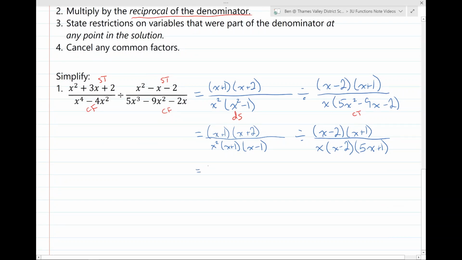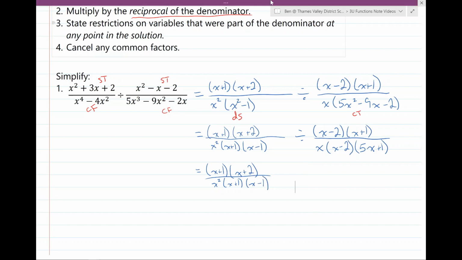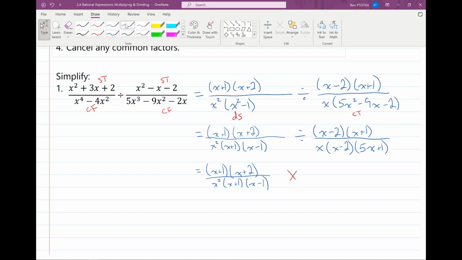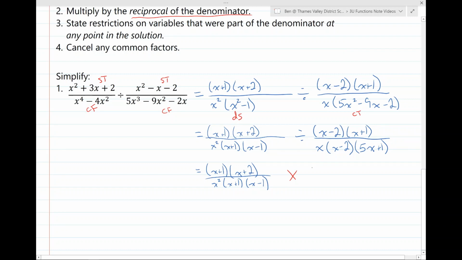So let's go through with that. x plus 1, x plus 2, leave the first fraction entirely the same, x squared times x plus 1, x minus 1, times, let's write that in red so it sticks out a little more, and we're changing this to green because we're changing everything over here, so we're just writing the reciprocal this time: x times x minus 2, 5x plus 1, all divided by x minus 2, x plus 1. Awesome. So we've multiplied by the reciprocal of the denominator.